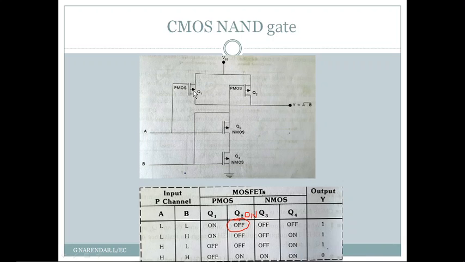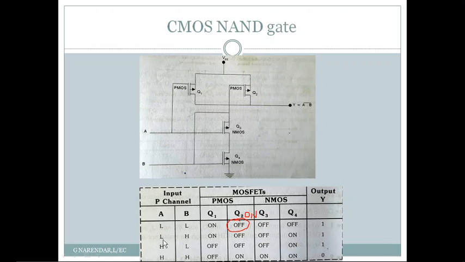So there is an on resistance since these two are on. So there will be an on resistance for both Q1 and Q2, and this parallel combination of on resistance will pull this output high, that is to VSS. So the output in this case is high, that is 1.